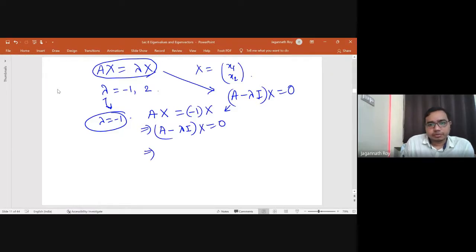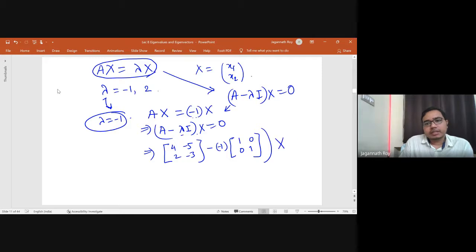Here, if you just put A equals 4, minus 5, 2, minus 3, then for lambda I, lambda is minus 1, so let us write minus 1 times 1, 0, 0, 1. And this is x equals 0. x1 and x2 are unknowns.